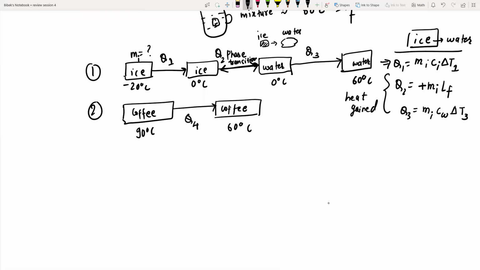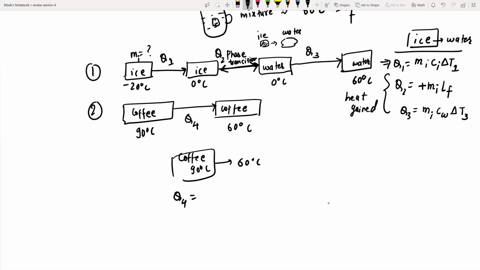And this heat was gained from the heat lost by the coffee, right? So let's calculate the coffee from 90 degrees centigrade to 60 degrees centigrade. So you have Q4. In this case, you are losing your heat.